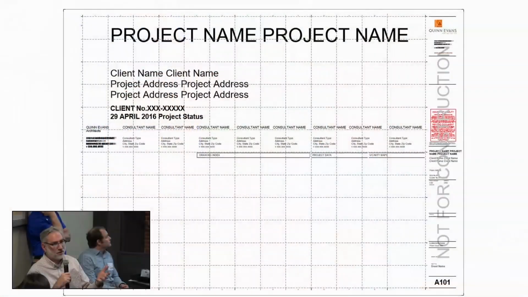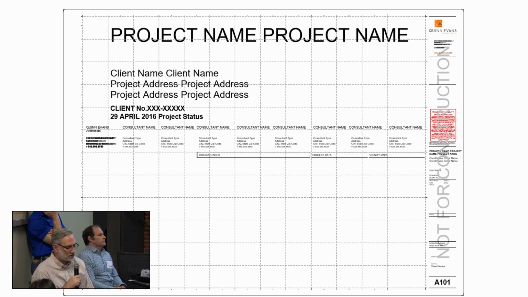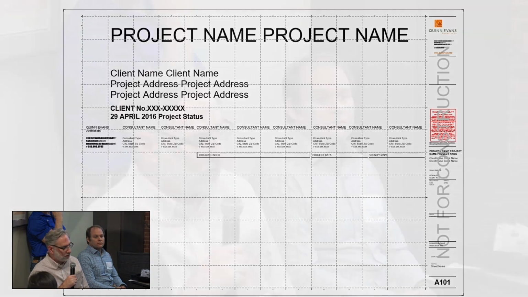What I didn't talk about yet was vicinity maps and project data. Those are obviously just yes/no values that are going to turn on as part of the cover sheet. What broke when I brought it into 2019 was drawing index. The idea with drawing index is that it actually slides. The right portion of that line is anchored. The left portion slides left or right.